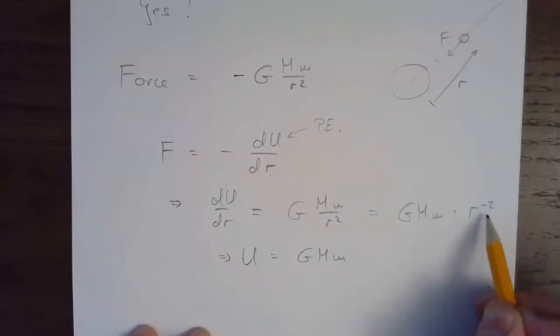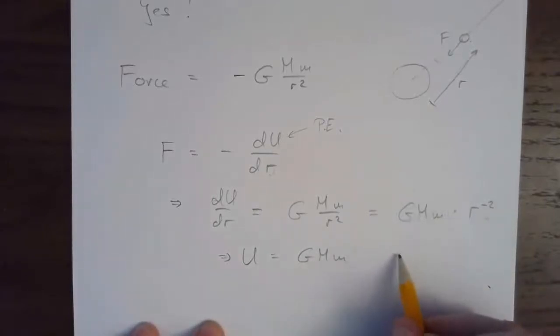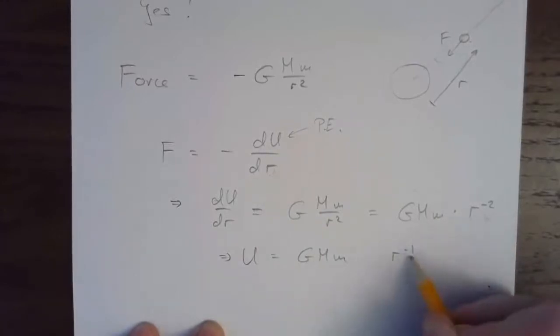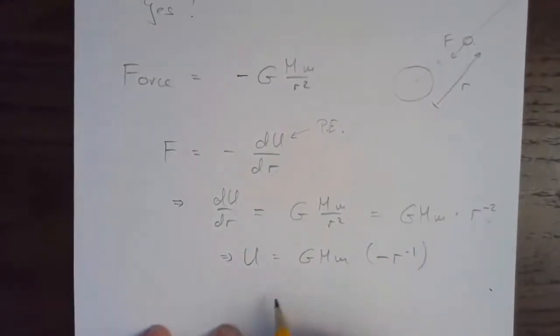You take 1 off and multiply by whatever is up here when you differentiate. So I'm going to try to find the reverse. So I guess it's going to be r to the minus 1, because that differentiates to r to the minus 2. But if I do it, I get a minus sign. So I stick a minus sign in here. In other words, I get minus GMm over r.